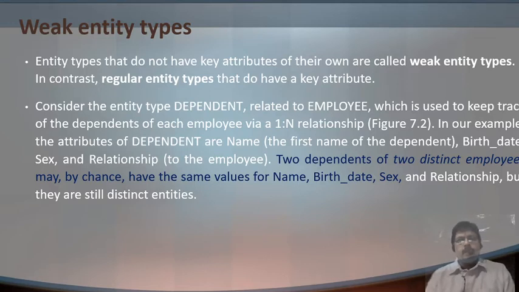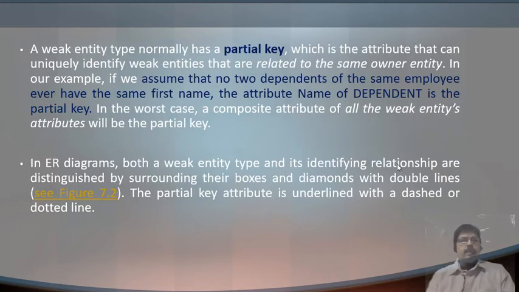So in our example we have the first name of the dependent, date of birth, sex, relationship, meaning maybe wife, son, daughter, or whatever it is, and they depend on a certain employee, or it may have the same name for different employees. Here the name of the dependent may be the same and they may belong to different employees, but they are still distinct entities.